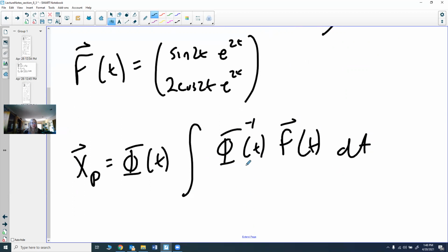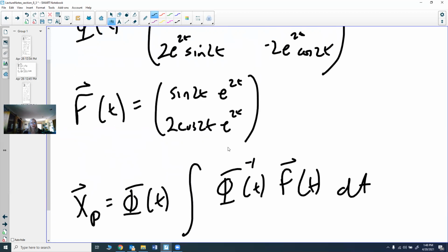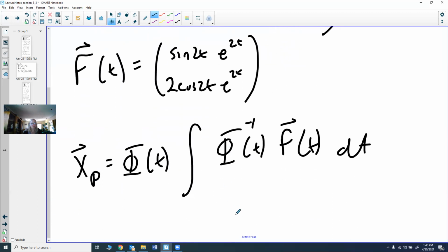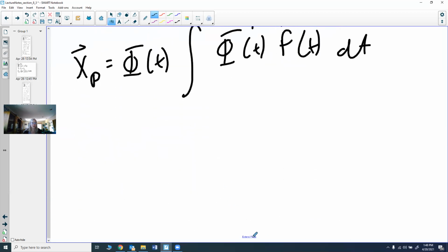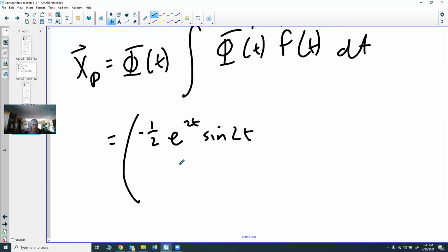Again, technology can do this. Finding inverses are not too bad. You can go through the process if you want to, or you can have technology do this for you. This isn't a class in learning how to do that by hand. Linear algebra is. But you get minus 1/2 e to the 2t sine of 2t and 0.